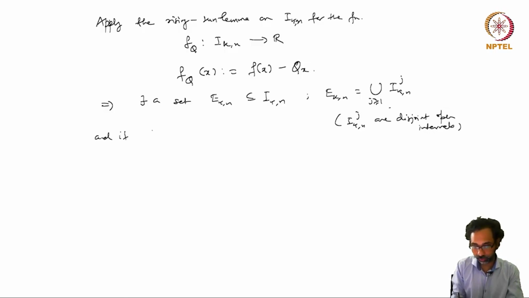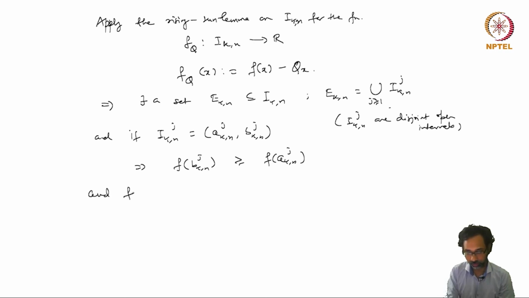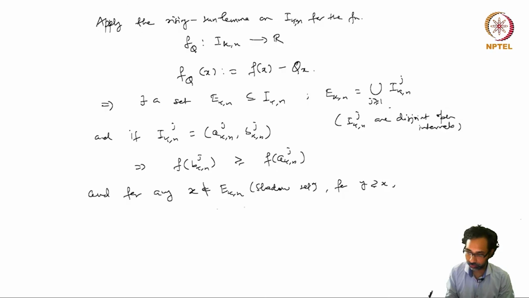If Iknj is equal to the interval aknj comma bknj, then we have f of bknj is greater than or equal to f of aknj, and for any x which does not belong to this Ekn, so this is the shadow set in the rising sun lemma, for y greater than or equal to x, we have f of y is less than or equal to f of x.